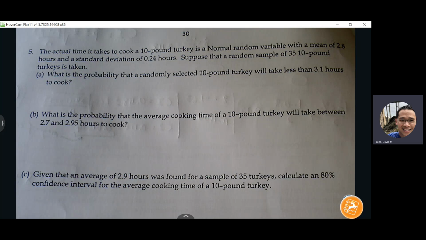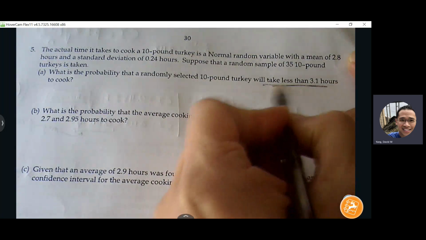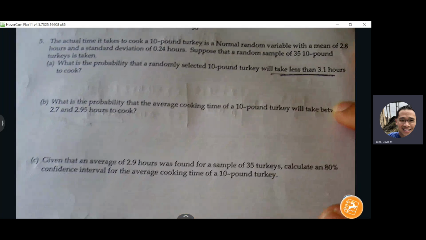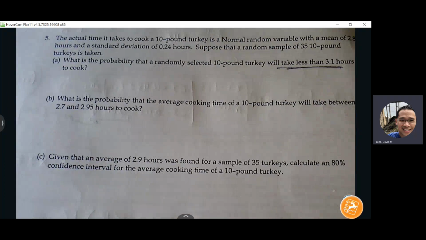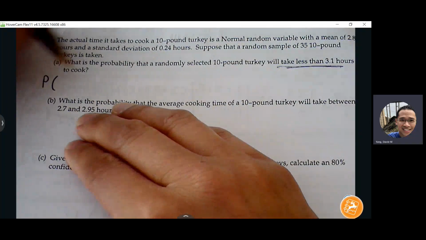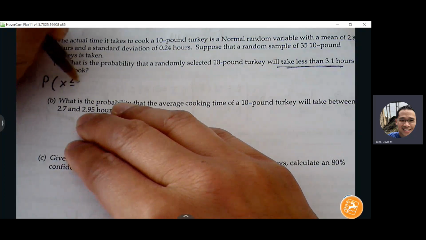Okay, so we can find the probability. We know less than makes it a little bit easier because whatever we get from the table is our value. So we want to find the probability of x is less than or equal to 3.1.